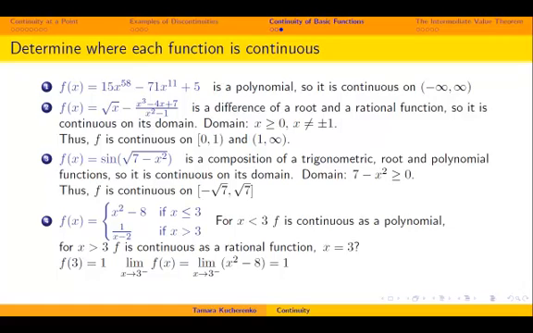The left-hand limit of f at 3 equals the limit as x approaches 3 from the left of x squared minus 8 equals 1. The right-hand limit of f at 3 equals the limit as x approaches 3 from the right of 1 over x minus 2, which is again 1.